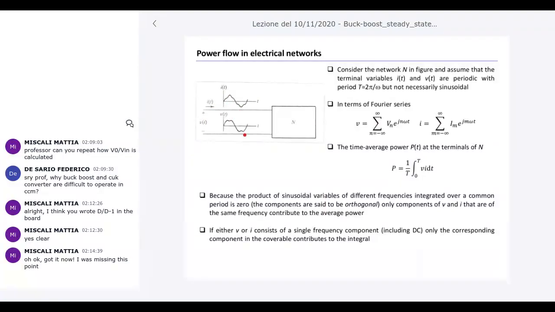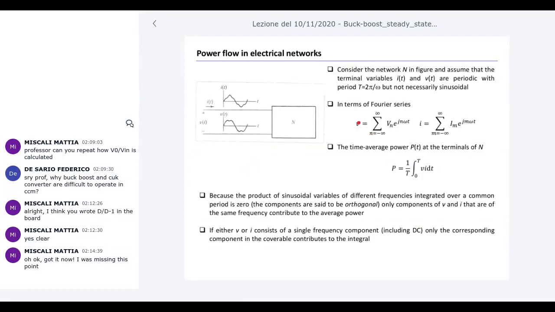You can expand this periodic waveform by using Fourier series, which is a classical way to decompose a periodic waveform into a set of infinite sine waves, each of them having a specific amplitude and a specific frequency. In particular, the frequency of each component of a Fourier series is a multiple of a fundamental component.